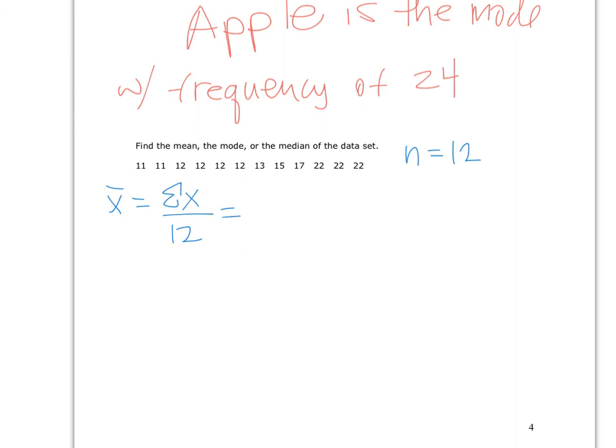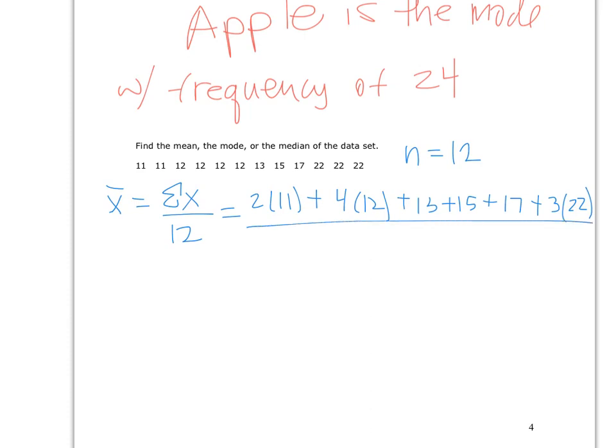We have repeating values here, so I'm thinking of this as 2 times 11, because that shows up twice, plus 4 times 12, there's 4 12s, plus 13, plus 15, plus 17, plus 3 times 22. And then that whole thing is going to be divided by 12.